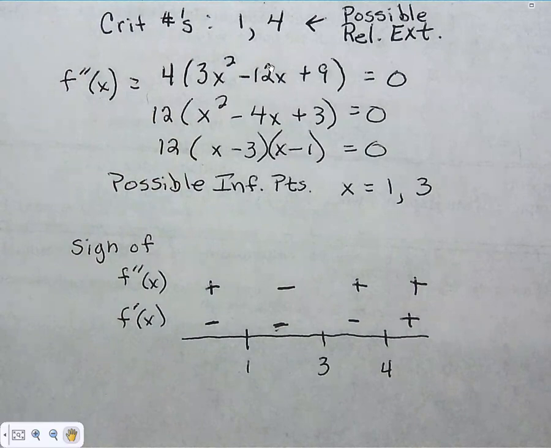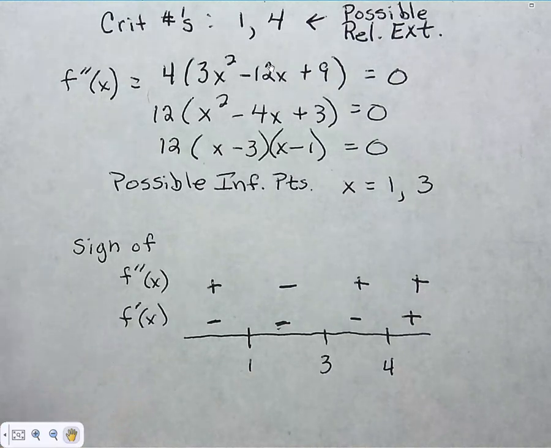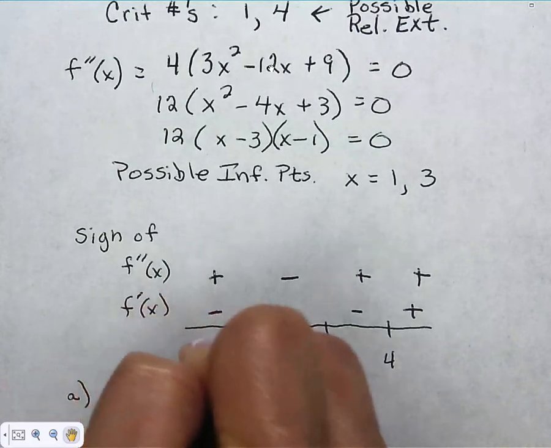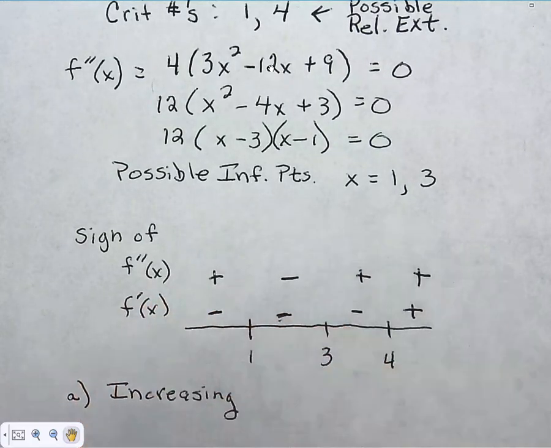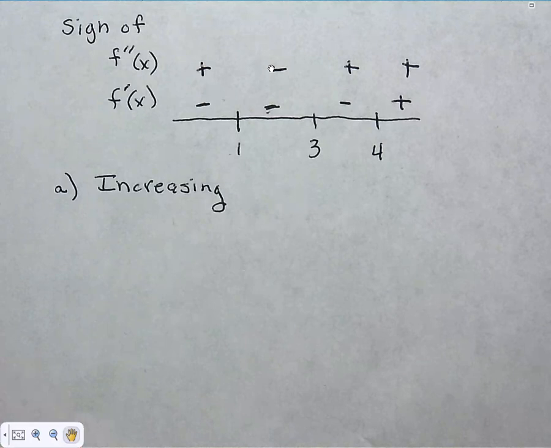So now I'm looking at this, because I want my parts A, B, C, D, E, F, G to match up here. A part, I want the increasing intervals. To find the intervals over which the function is increasing, do I look at the first derivative or the second derivative?